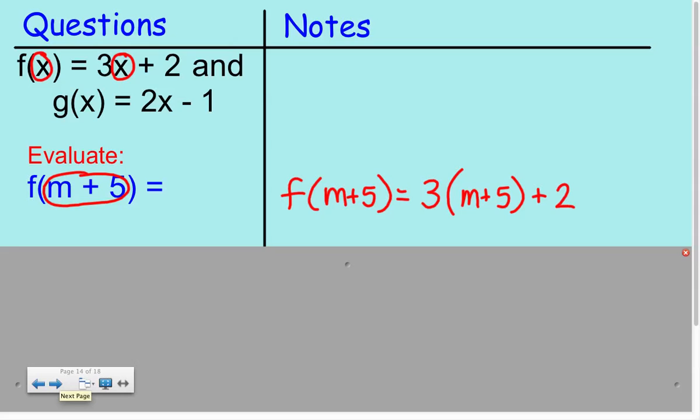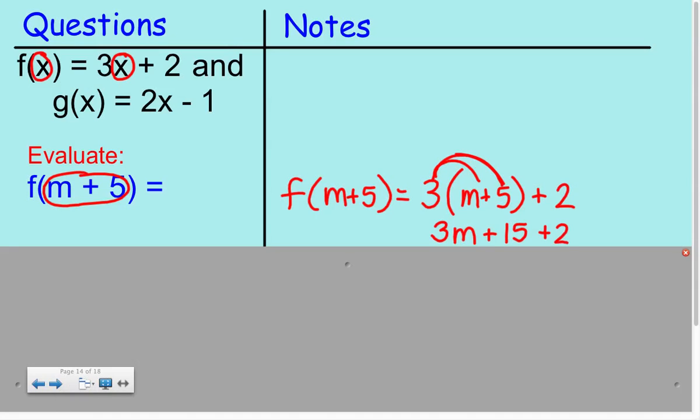Now this one's going to be a little bit different than the last one. If we think back to lesson 1-4, we did something over and over in that lesson when we had a variable outside a parenthesis, and that was bomb it. So that's going to be my first step. 3 times m is 3m. 3 times 5 is 15 plus 2.